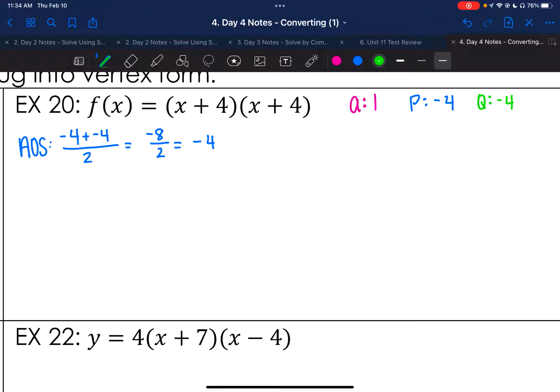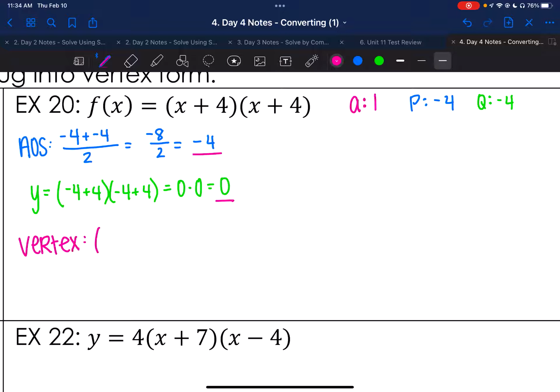We'll take my axis of symmetry and plug it into my original equation to find my y value. So instead of x, we'll do negative 4 plus 4, and then negative 4 plus 4 again, which is 0 times 0, which gives me 0. Now that I have my axis of symmetry and my y value, we know that translates to be my vertex. So my vertex will be at negative 4, 0.